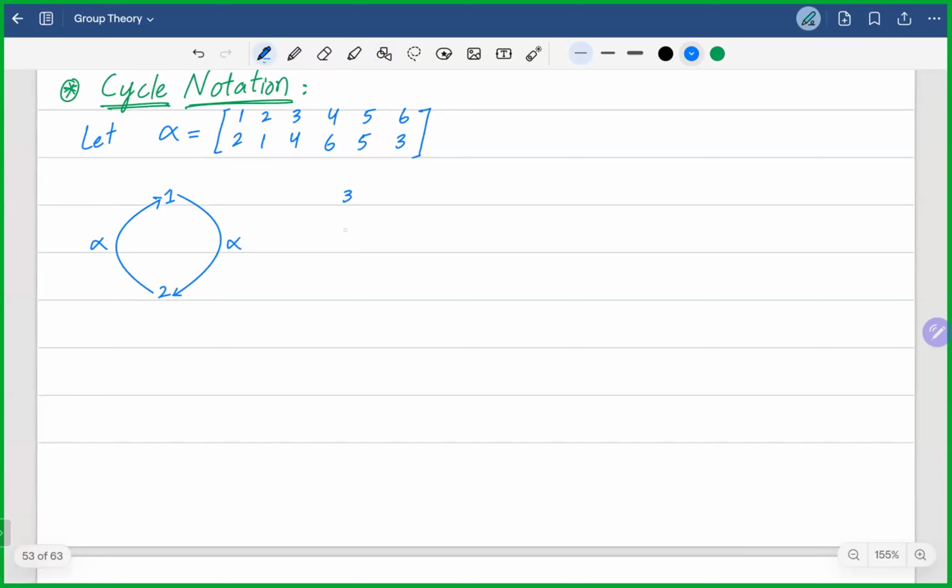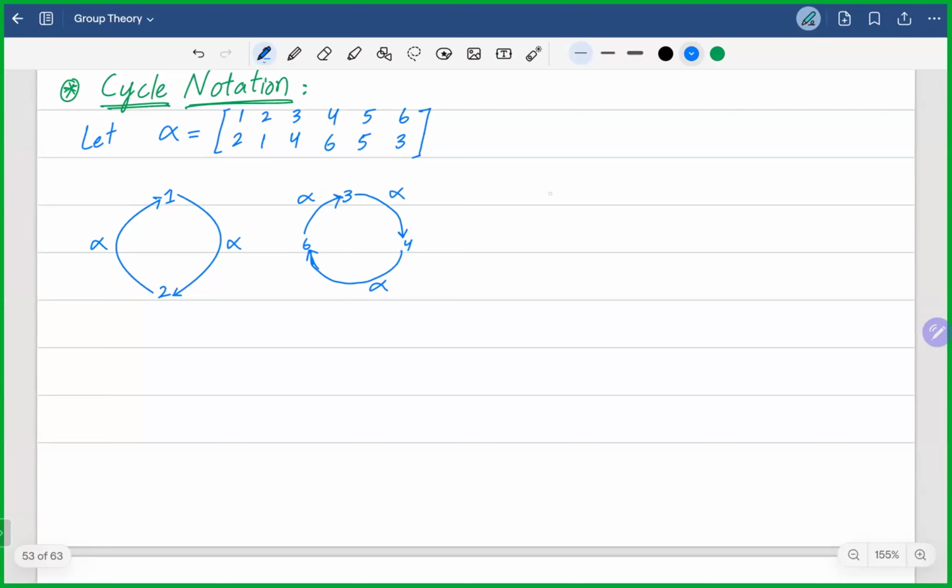And then we have 3, 4, and then 6, and we say this goes here, this goes here, and this goes here. So alpha sends 3 to 4, alpha sends 4 to 6, and alpha sends 6 to 3. That's again a cycle.